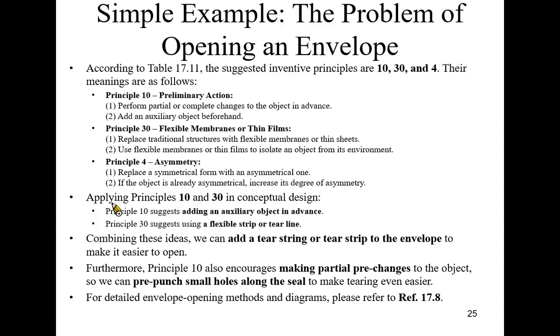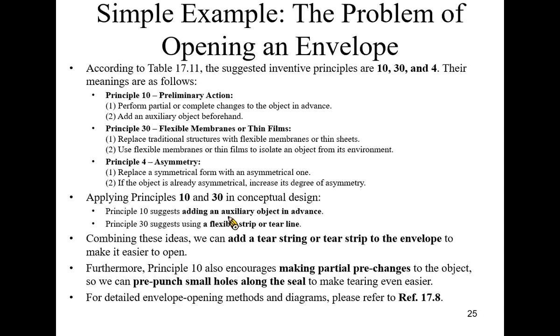According to principle 10, we suggest adding an auxiliary object in advance. Principle 30 suggests using a flexible strip or tear line. So combining these ideas, we can add a tear strip to the envelope to make it easy to open.